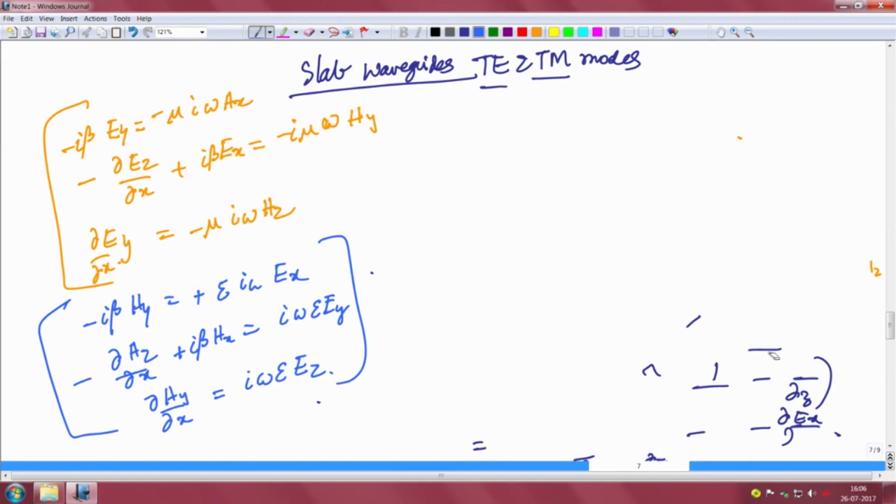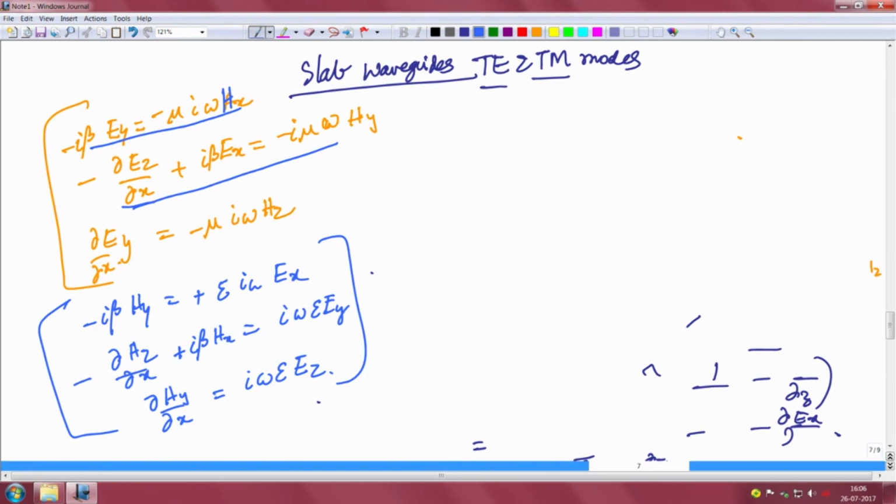So, let us look at the equations and look at the overall picture of what is happening with the x, y, z components of electric and magnetic fields. This equation represents a relation between Ey and Hx, and this equation has a derivative with respect to x, that is the important part.